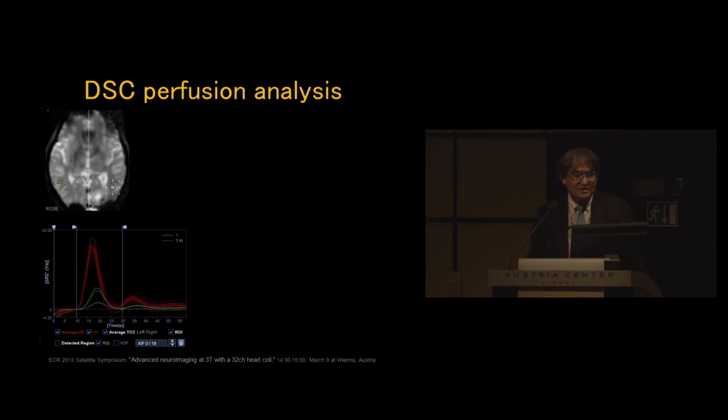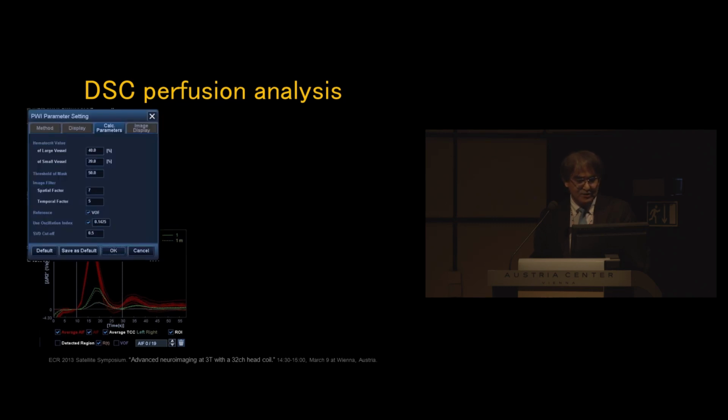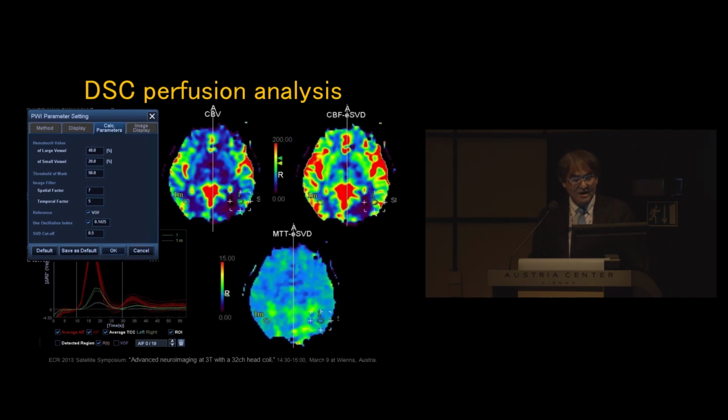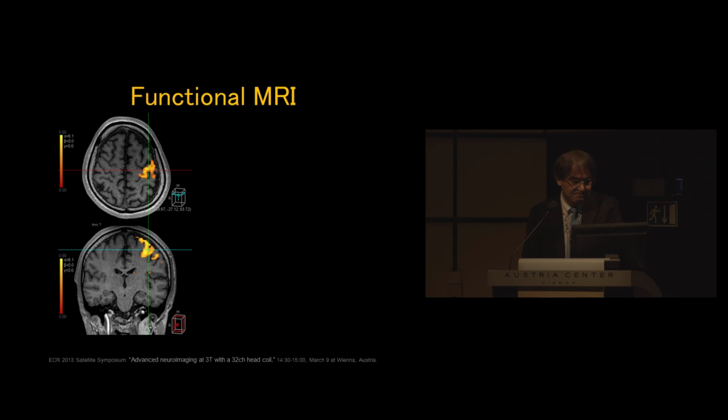For example, DSC perfusion analysis. If you present this kind of EPI image and take the region of interest, the signal plot is presented, and also you can set up the parameters on it, and can have the CBV or CBF with singular value decomposition, and also mean transit time.